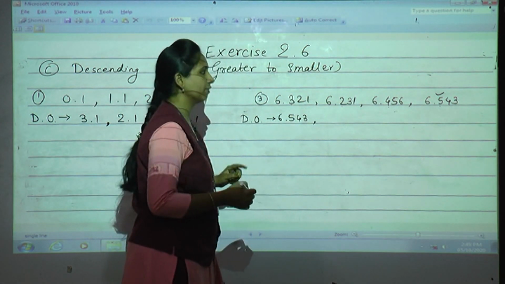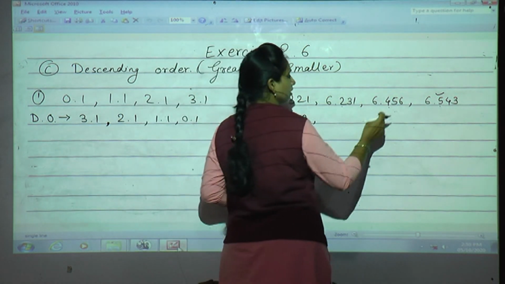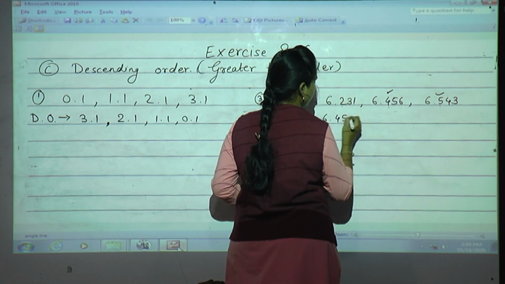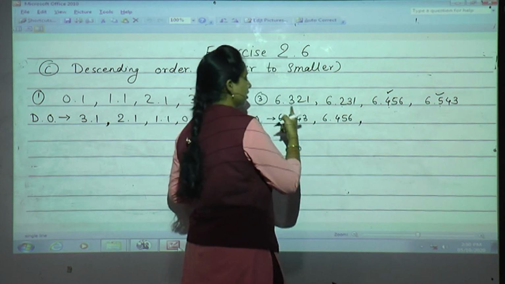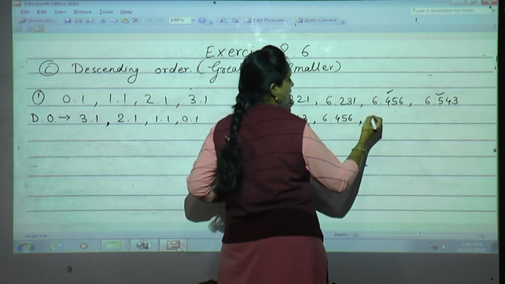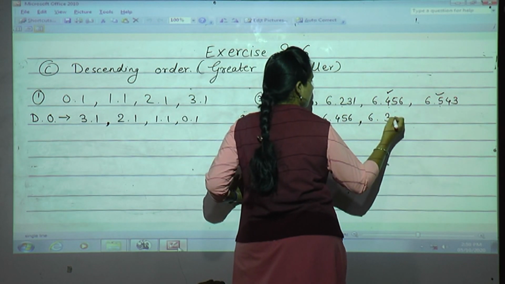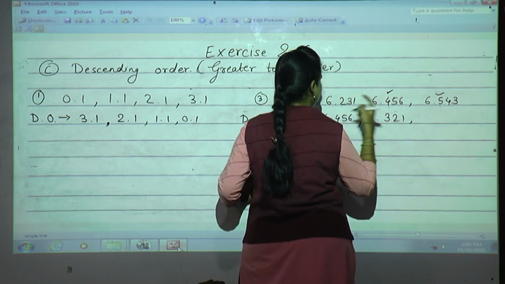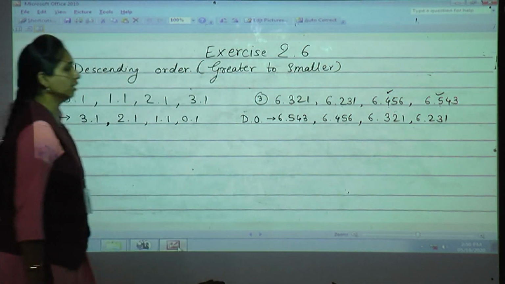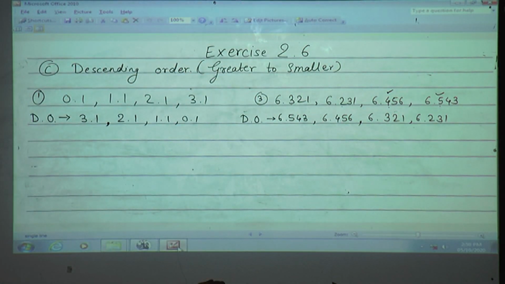Now next after 5, which is smaller? 4. So take this one, 6.456, comma. Now which is greater, 3 or 2? Of course 3 is greater. So take 3, 6.321, last 6.231. Clear? In this way you have to arrange into descending order.